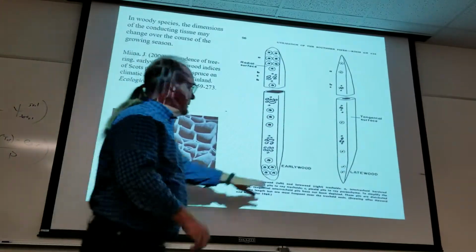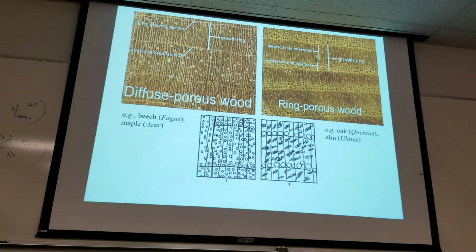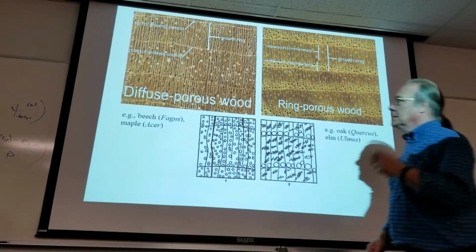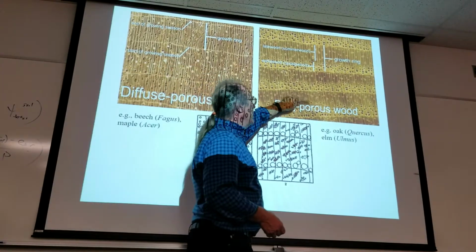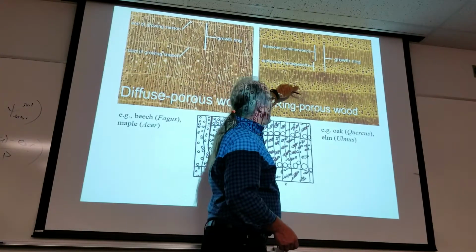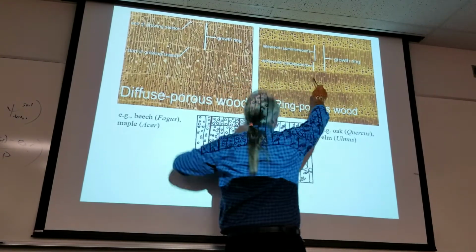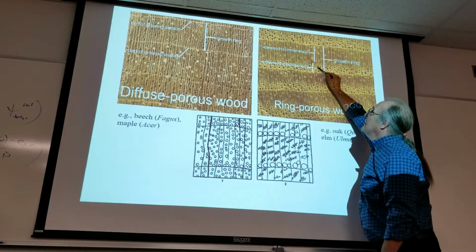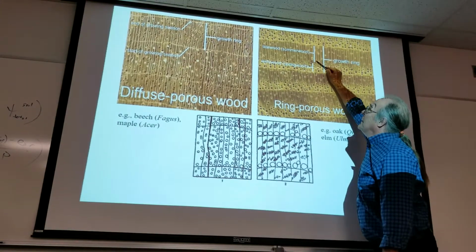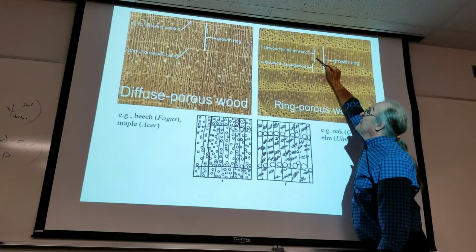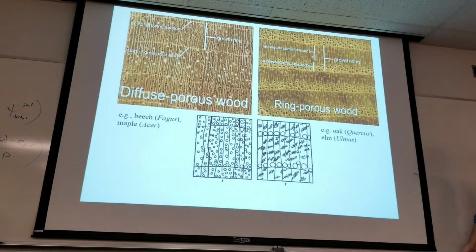And so earlywood, latewood, you see those names. You can see it in these cross sections, especially here in the oak, where you get a lot of big vessels formed early in the season, and then later in the summer, this part has small diameter vessels.